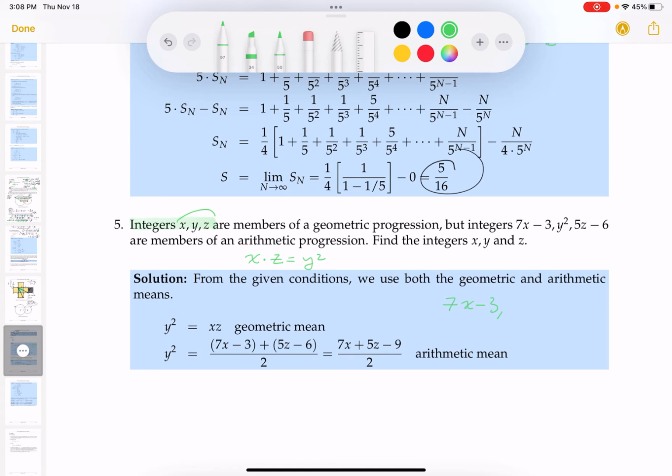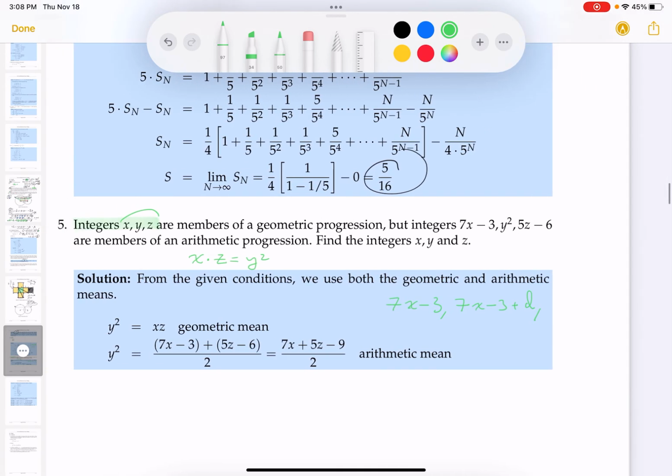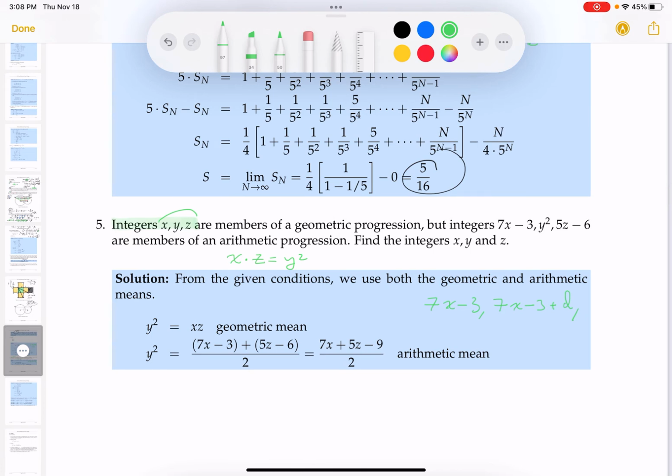And the next one, if it's arithmetic, I just add a constant number, or a difference, they say, d. And what's the next one going to be? Well, it would be 7x minus 3 plus 2d.